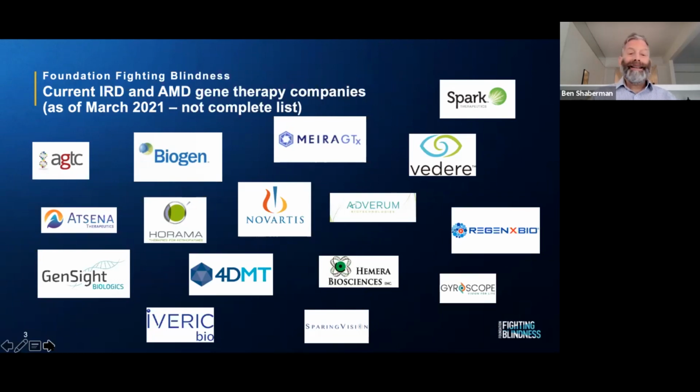So this slide has logos for 16 different companies that are developing gene therapies right now in our space. There's Biogen, Novartis, AGTC, Janssen, Iveric Bio, Gencyte, and the list goes on. And this is not actually a complete list.